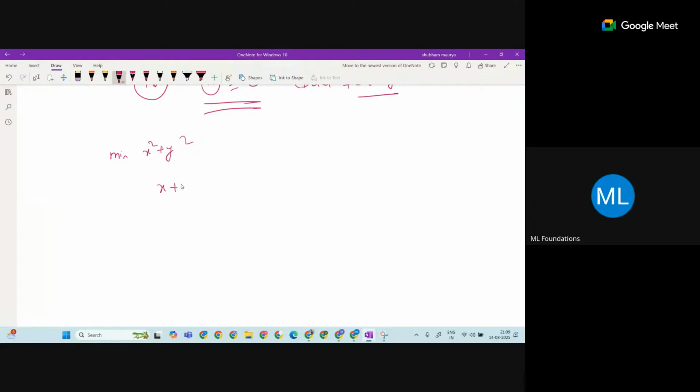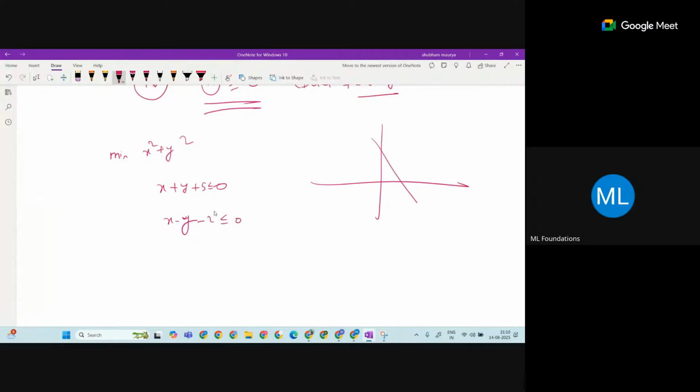Where x plus y is less than or equal to 0. The second is x minus y less than or equal to, let me change this, 5, and here change it to -2.